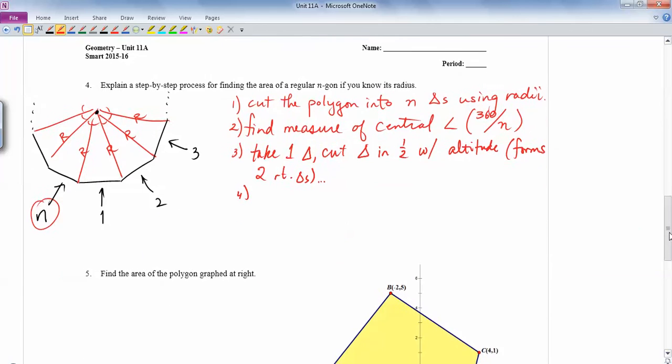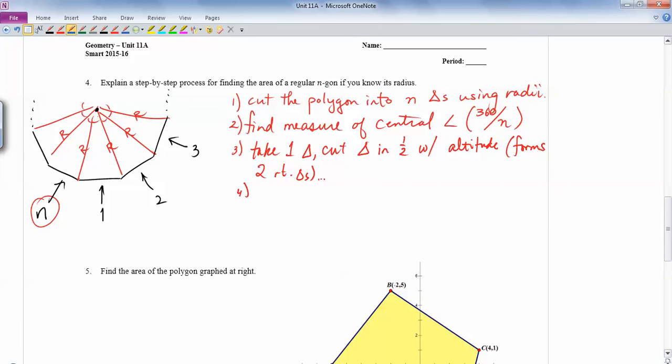So I'll draw that here. So that was like when we did this. Okay, so I'll even label these x's and y's. Okay, so then we use trig to find x and y, where 2x equaled the base and y equaled our height.